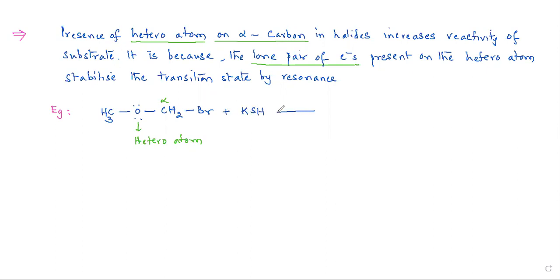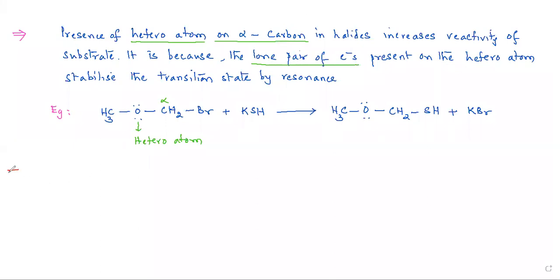Let us treat it with potassium thiol, upon which we get this. Okay. Now this is how Br minus is replaced, substituted by SH minus. This is an important point.